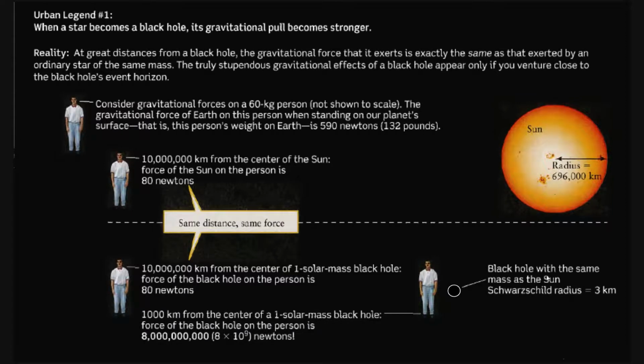If you squish all the sun into 3 kilometers, or into infinite density, then the black hole would be 3 kilometers in radius. Which means if you were at that 3 kilometer mark, 3 kilometers away from this black hole, you'd have to be going the speed of light to be able to get away from it. And if you were 1,000 kilometers away, you would weigh 8 billion newtons. Right now you weigh 80 newtons.